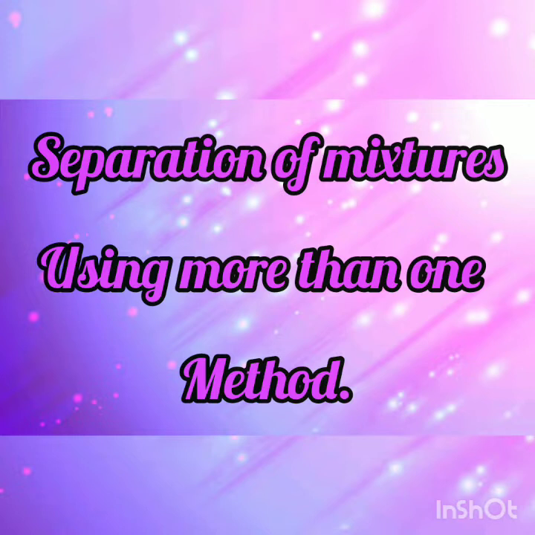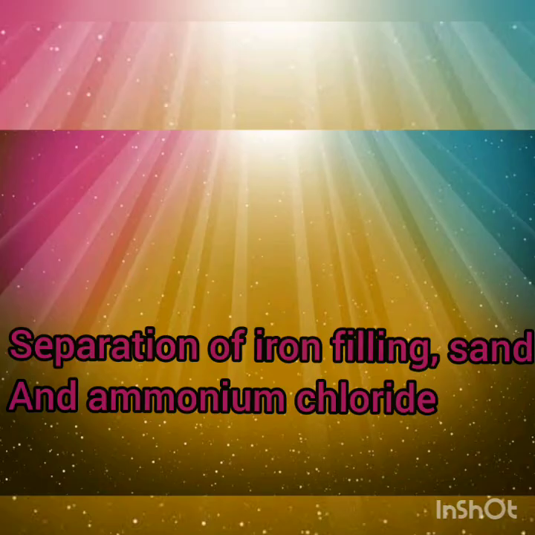So today we will be taking different kinds of examples to learn how different techniques can be utilized to separate different components of the mixture. Let us take the first example, that is separation of iron filings, sand and ammonium chloride.